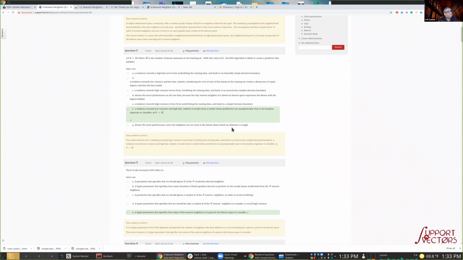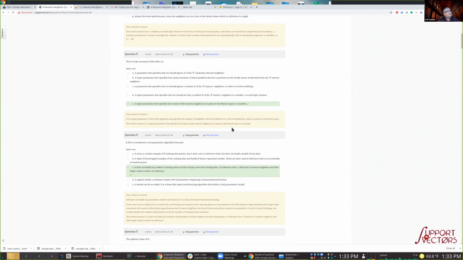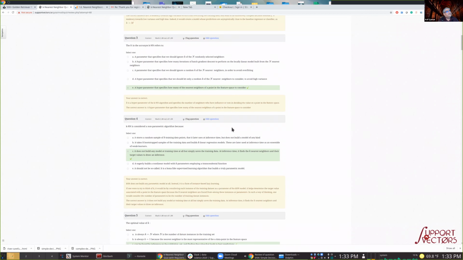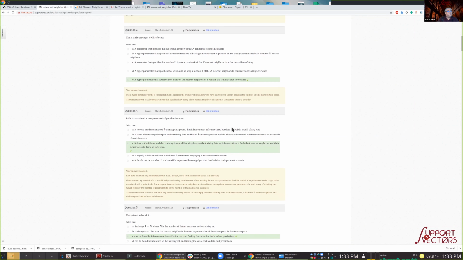The K in the acronym K nearest neighbor refers to what? There were some quite interesting choices, like parameter and so forth. By the way, because I'm sharing my screen, I shouldn't look at the statistics, but I think some of you tripped on this question. It's a hyperparameter of the model, not a parameter.